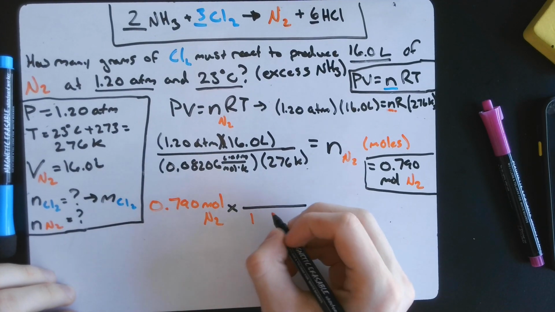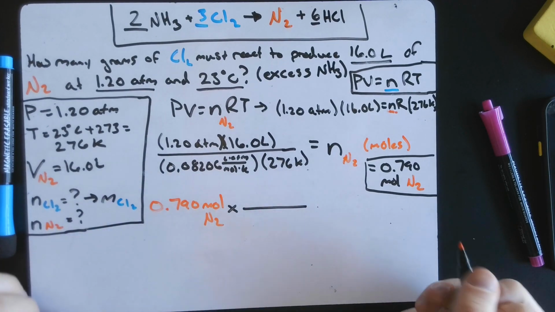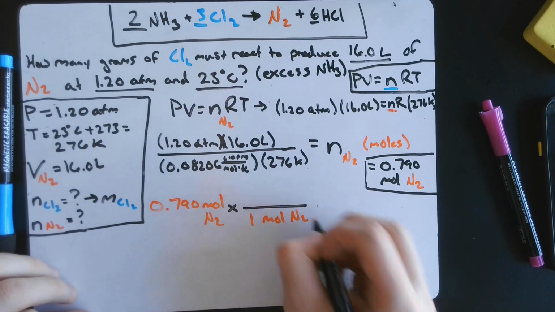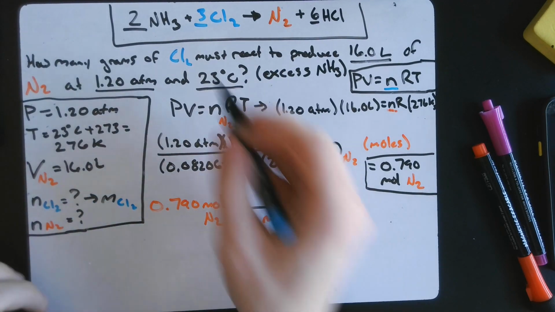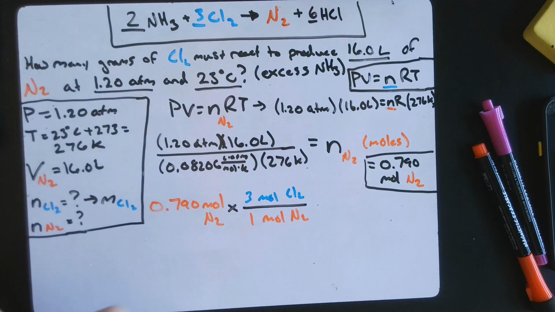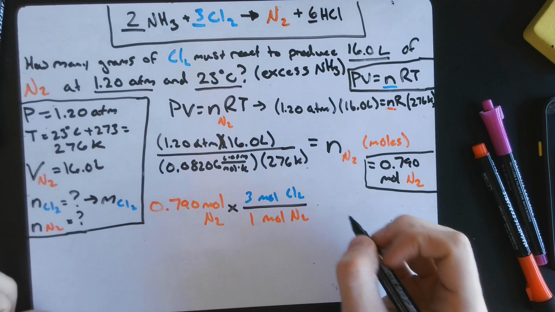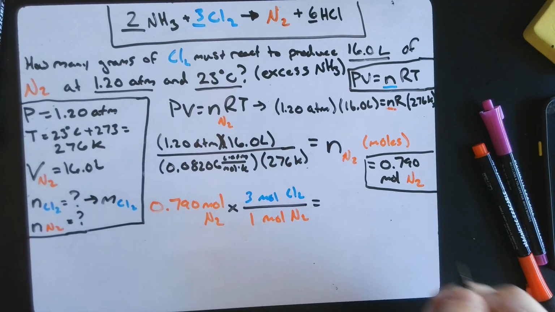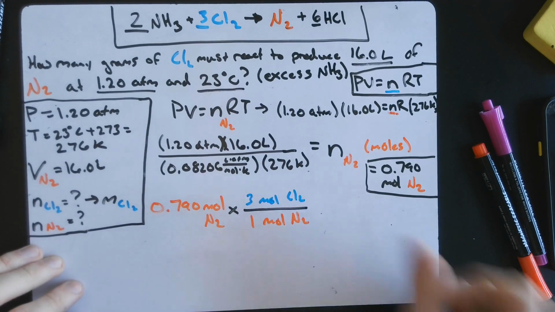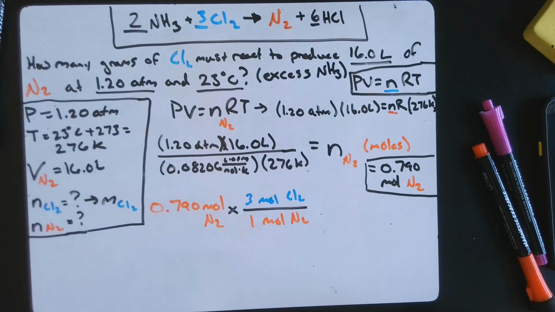Well, using the mole-to-mole ratio here, we have 1 mole of N2. We have 3 moles of chlorine. And if you do this, you should get a value. Oh wait, hold on. I forgot. We can actually do this all in one sweep.